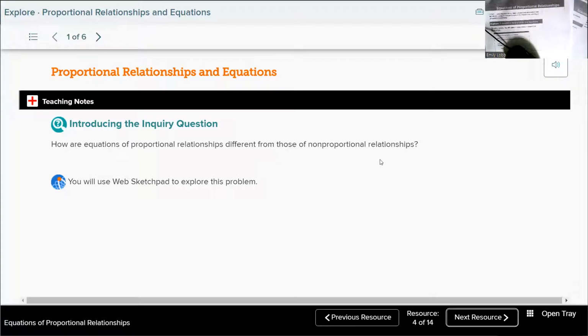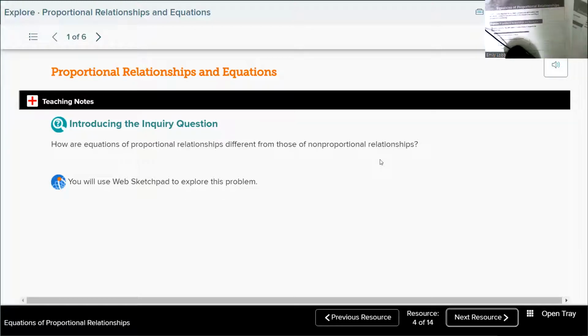How are equations of proportional relationships different from non-proportional relationships? Well, what were we seeing? When there was a fee, we were writing out that equation, we would have something times it, right? It always was like per hour or per day or per month or per minute. And then we would do what to it?